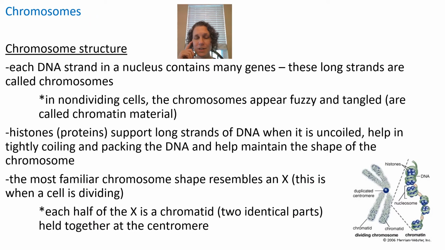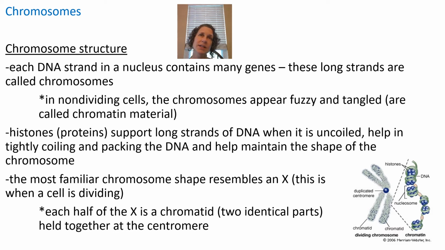Okay, chromosomes. So here we go. Depending on the organism, you have different numbers of chromosomes, but each DNA strand in the nucleus contains these genes, and these long strands of DNA are called chromosomes.